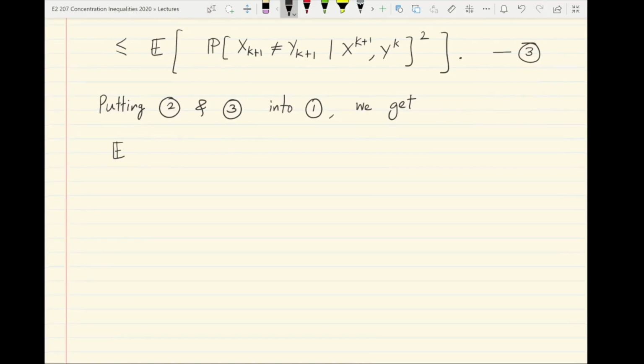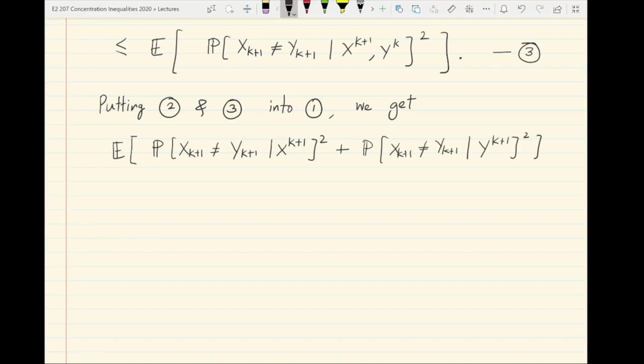the following simple form: expected value of p, the conditional probability of discrepancy at the k plus first position, given the entire x vector, plus p xk plus 1 not equal to yk plus 1, the same conditional probability given the entire y vector up to k plus 1, is just at most the divergence between the conditional measure q k plus 1 given y 1 through k with respect to p k plus 1, conditioned on qyk.